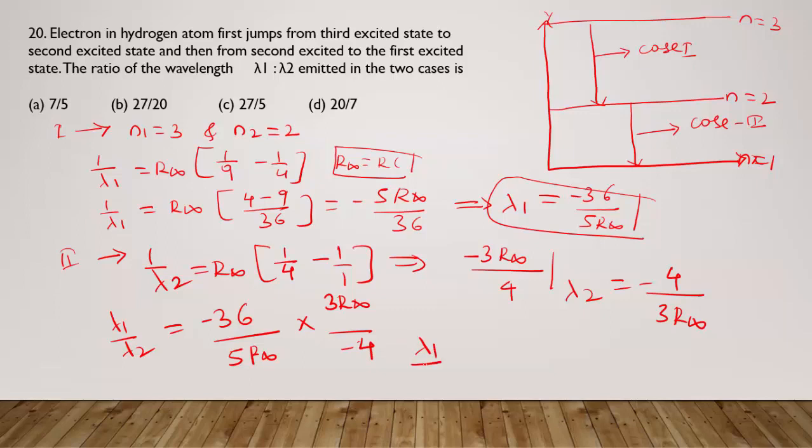We get the answer lambda 1 by lambda 2 is equal to 27 divided by 5. This is the ratio of wavelengths lambda 1 and lambda 2 emitted in the two cases.